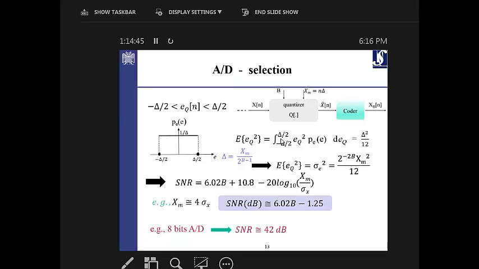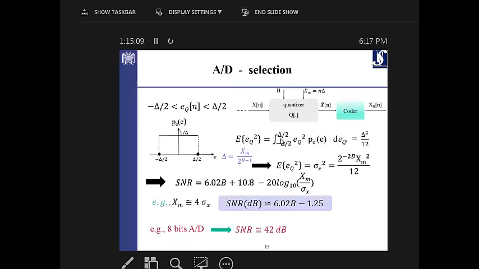It means that if somebody is using an 8-bit A to D in a system, like a telephony system, speech application system, or enhancement system, and then finally the guy claims that he has got an SNR of more than 42 dB, he's lying.